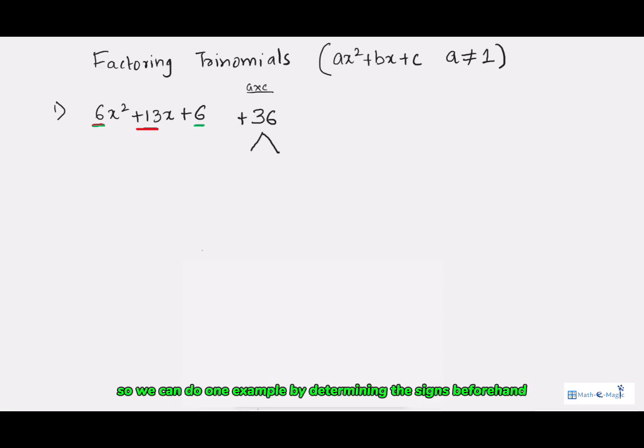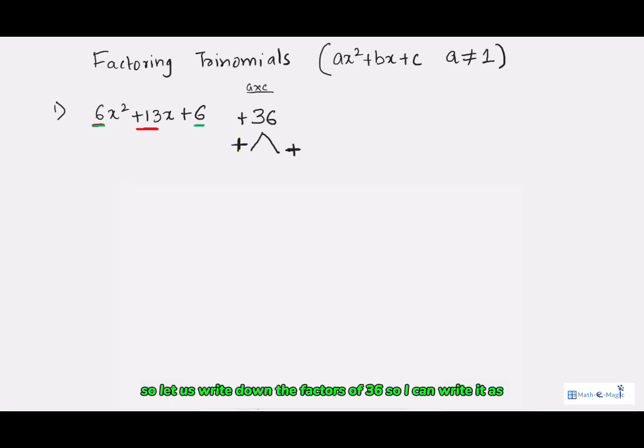So we can do one example by determining the signs beforehand, and one where we find the signs of the factors as we find the factors. The product of the two numbers is positive 36. The sign of our middle term is positive, which I will write down here. And when I multiply positive and positive, the sign of the other term will also be positive. Now I need to find two numbers whose sum will give me positive 13.